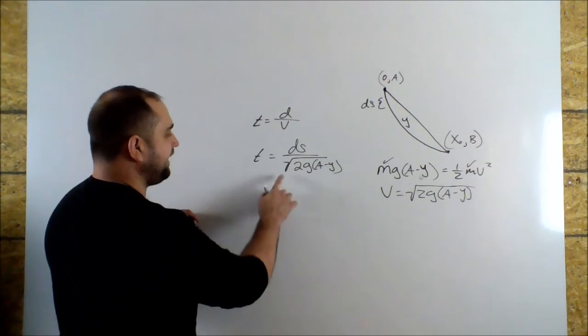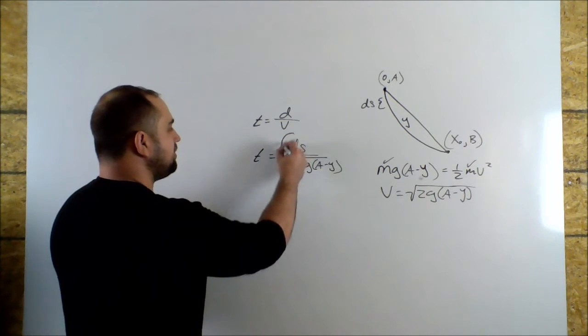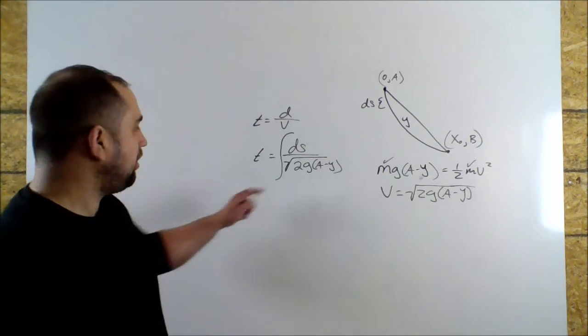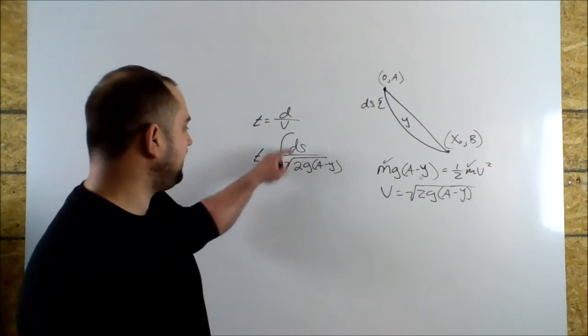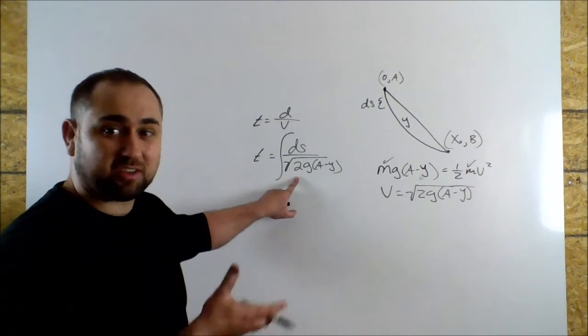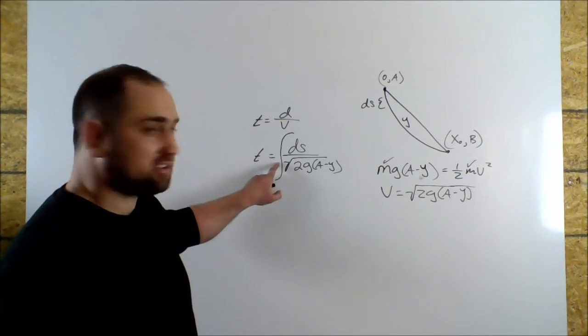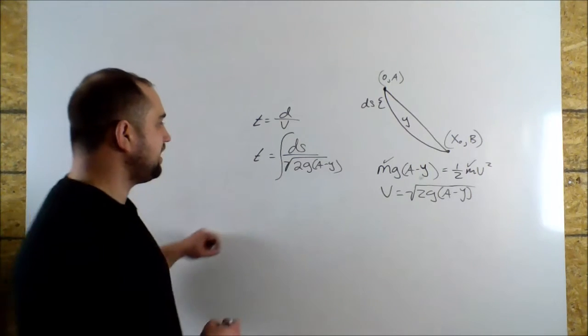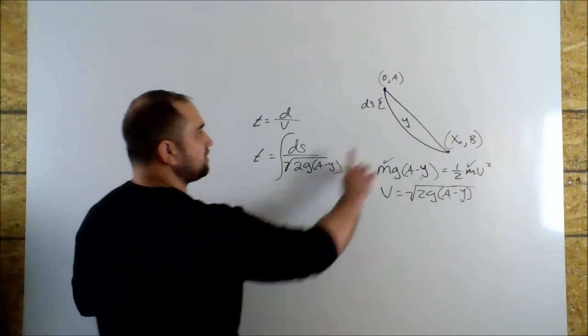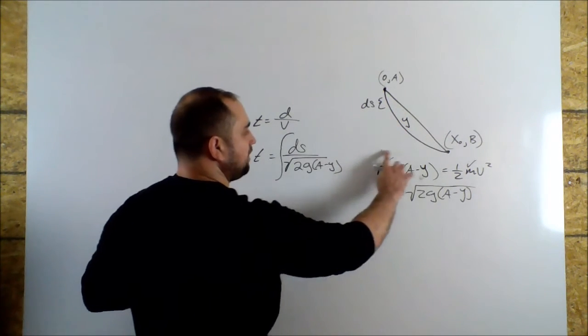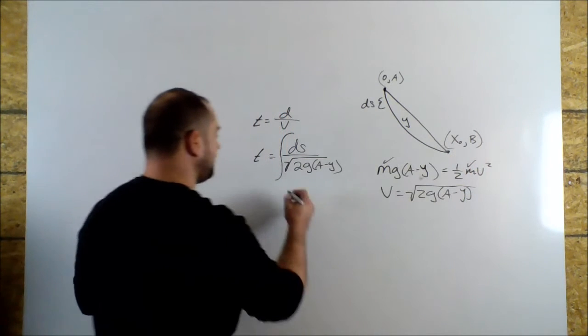And so now we have to sum up all of these infinitesimal times. So ds over a velocity gives us a time, and we sum them up through integration. The bounds of our integration go from x is 0 to x is x naught.